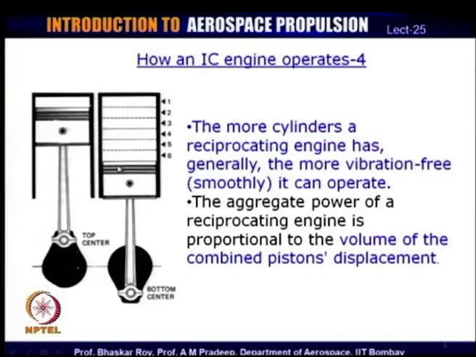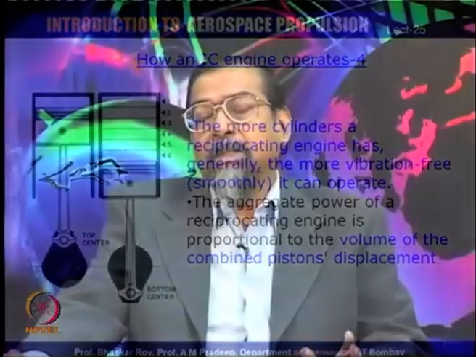This is often quoted as the capacity of the engine, and for all the cylinders together you can quote a certain total amount of volume, which is often specified as the engine specification and is representative of the engine's capacity to produce power. So, the total volume of all the pistons together is often quoted as the engine's capacity and is indicative of the engine's capacity to produce power.